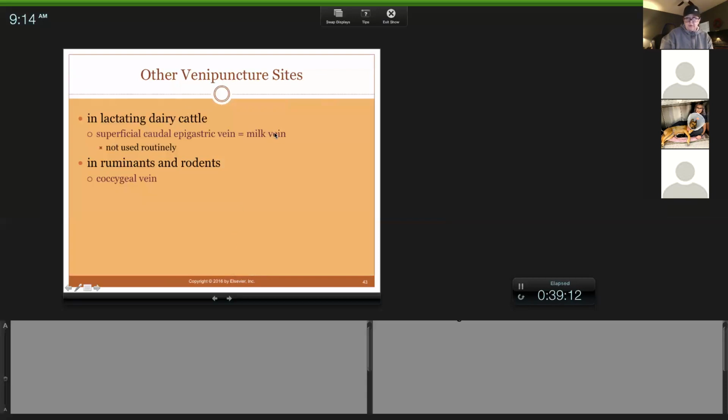Now there is a milk vein that runs along an udder in a cow if you absolutely couldn't draw, but if you have a lactating cow, which means you have the female, she's got the big udder, there is a giant vein that wraps around it that's called the milk vein. But that's not used a lot. And then again, coccygeal in the rodents. So I do want you to be able to tell me some veins.